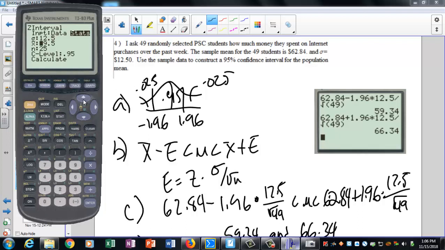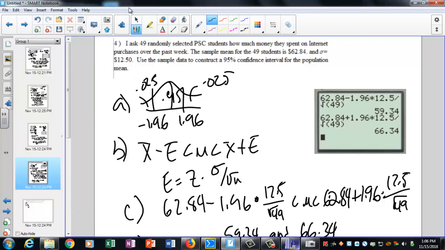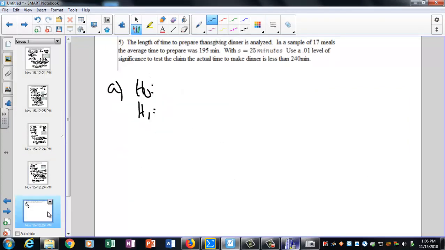X bar is equal to 62.84. N is 49. And you'll see that we get 59.34 and 66.34. Does that make sense? I just wanted to show you that's how you do that. Okay. We'll now rejoin your regularly scheduled program.